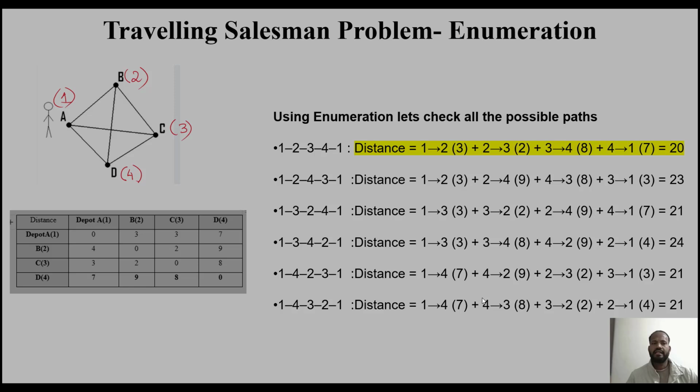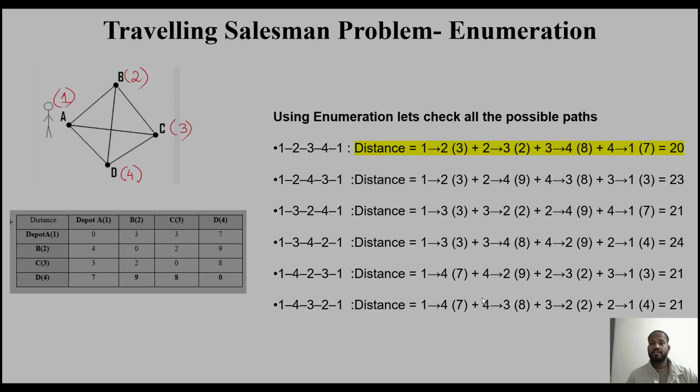Now the first thing that comes to our mind is, can we check all the routes and figure out which is the minimum distance? Yes, we can do so for a smaller problem instance. In this case, there are 4 cities, so the number of routes will be (4 minus 1) factorial, which is 6. I have written down all the 6 routes and calculated the distance for all of them.